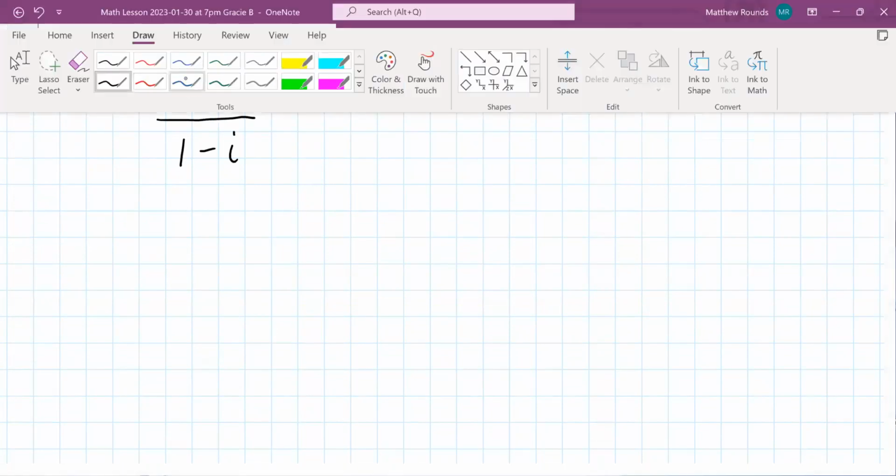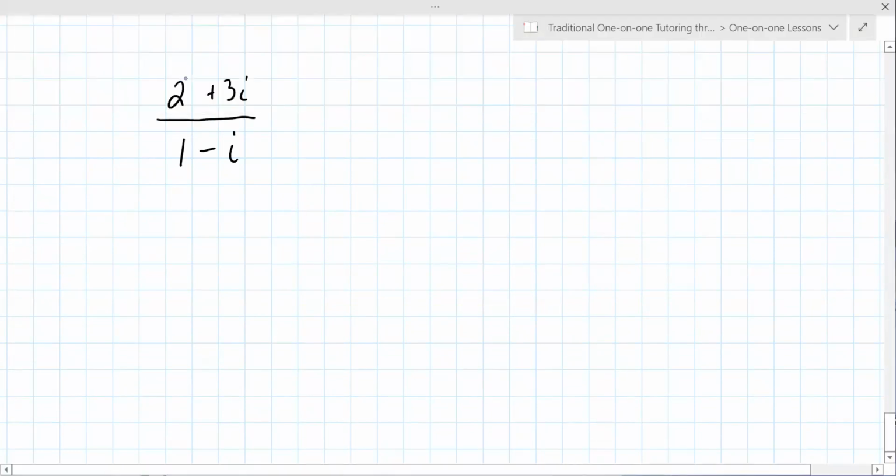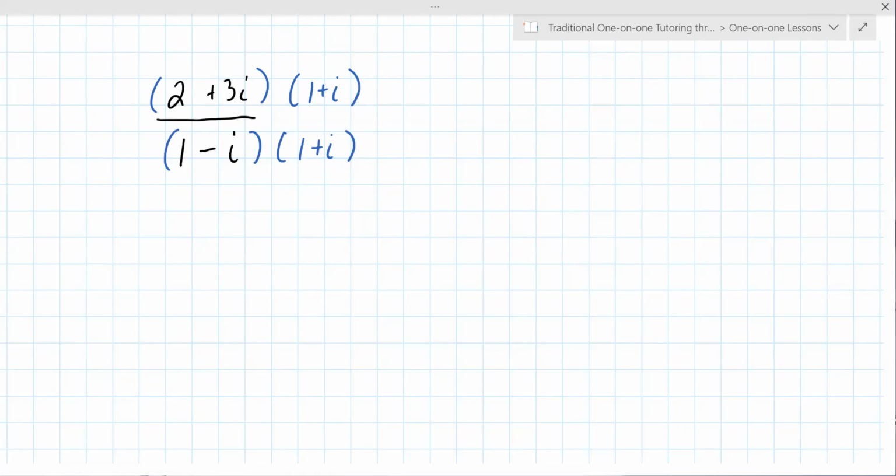Can you tell me what the conjugate is of the bottom, please? 1 plus i. Yes. And you multiply the top and bottom by that. So for now, could you FOIL just the bottom and tell me what you come up with when you FOIL that?